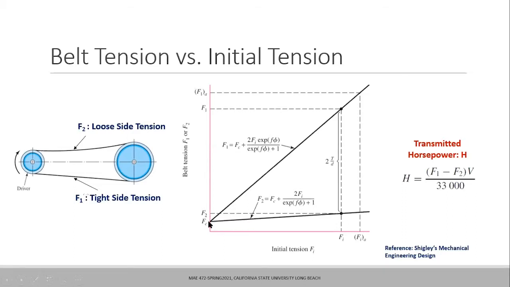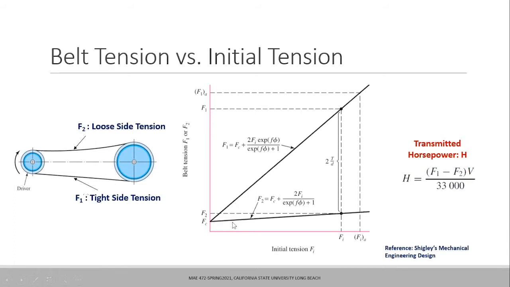Yeah. It basically means the belt does not have any ability to transmit any amount of torque, even if there is friction, from the driving side to the driven side.